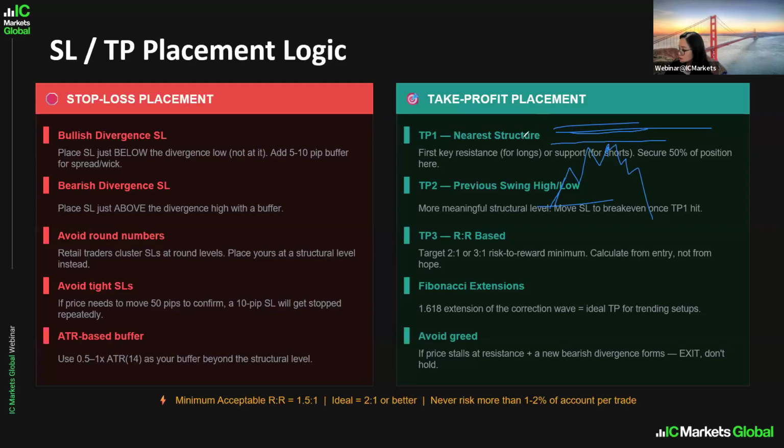So put it slightly nearer to the structure for the buy entry. For the sell, this is resistance, this is support, and price is falling. Put TP1 before the key support level. Don't put it below, because we buy at the support, so usually price will bounce and the take profit will never be hit.